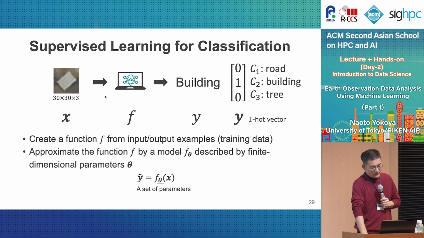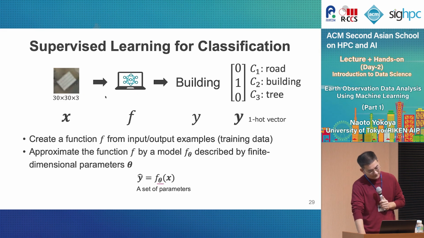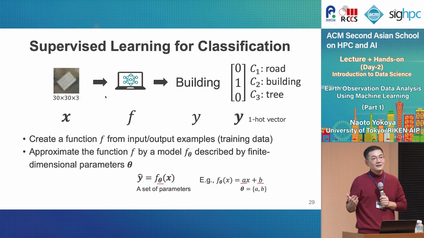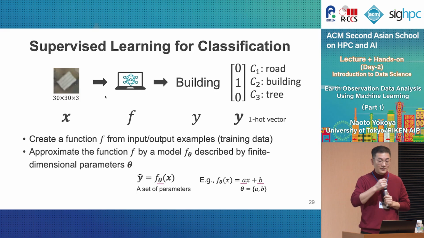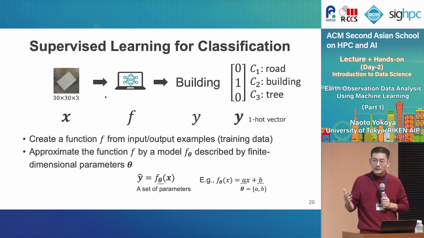So this, for those who are not really familiar with this kind of thing, you may wonder, what is it? Looks like black box, but it's not black box. It's just a function. Okay, very simple example is ax plus b. Okay, if input and output is just a very simple relationship, this kind of linear, very simple function may be sufficient. But for many complex problems, we need to make this function a little bit more complicated so that we can increase the expressiveness power of the model.